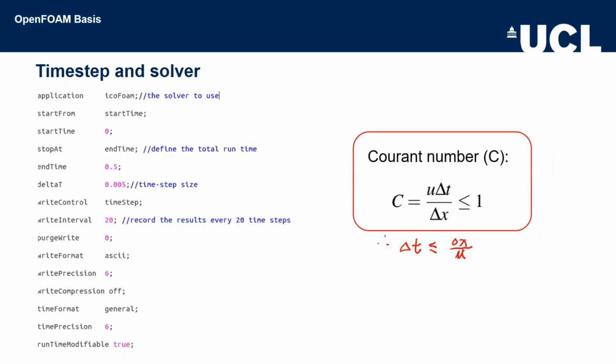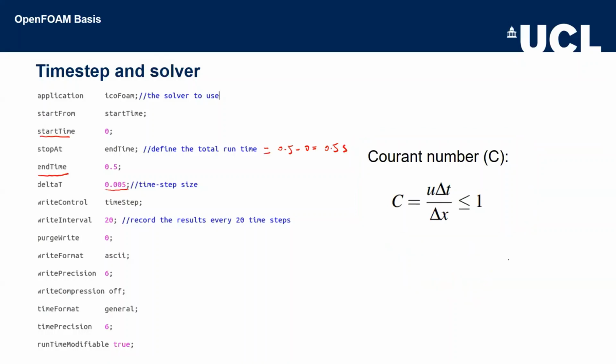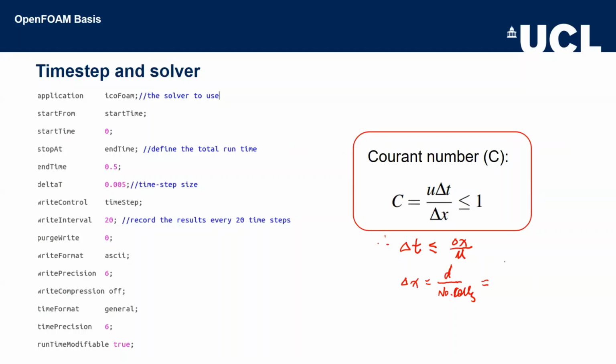In our previous definition, delta x should be the size of the mesh D divided by the number of the cells. In the previous script, the size of the mesh is defined as 0.1.